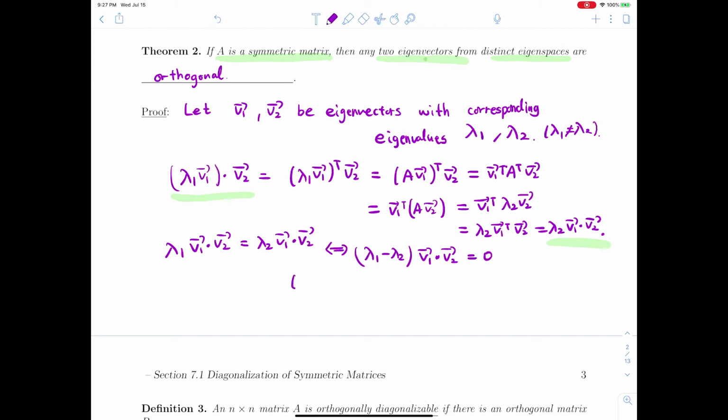But lambda 1 is not equal to lambda 2 because we picked vectors from distinct eigenspaces. In other words, this quantity never equals 0. So that means V1 dotted with V2 equals 0, or in other words, V1 is orthogonal to V2.